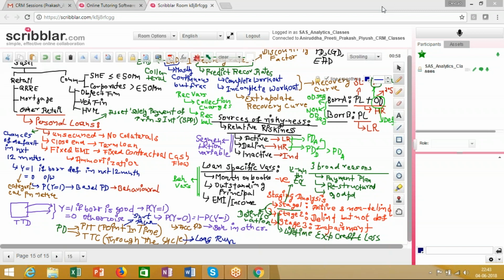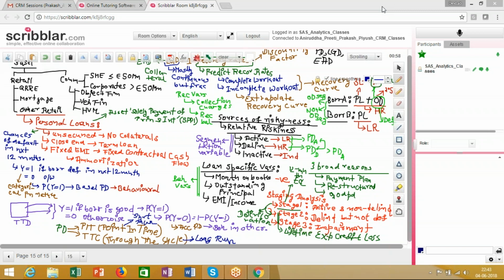And to ensure that the Basel PDs are through the cycle PDs, there is a restriction on the data requirement. You are using a long period of data such that it covers all possible loss behaviors, and based on variables which do not change over the cycle, we try to develop a model. But finding such variables which do not tend to change over a cycle becomes very difficult.